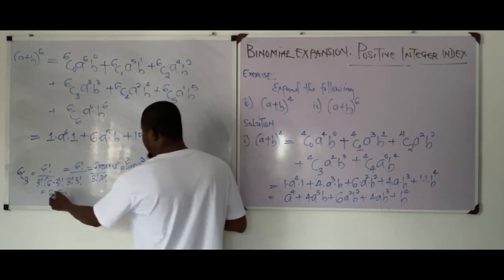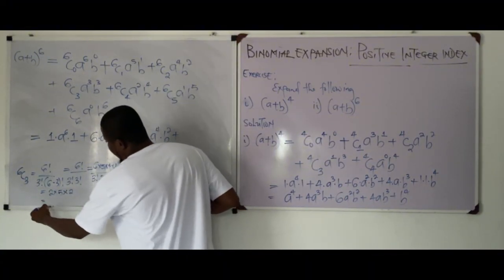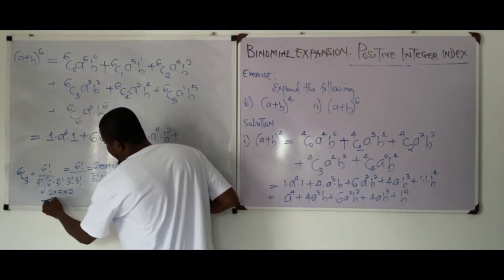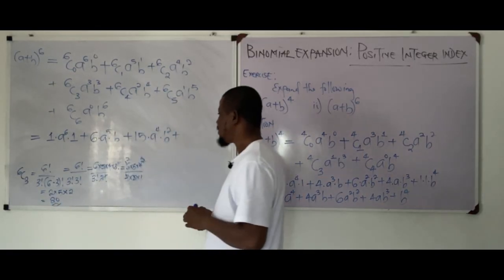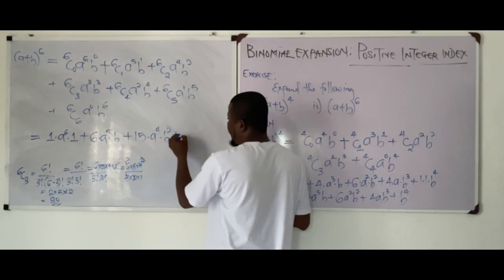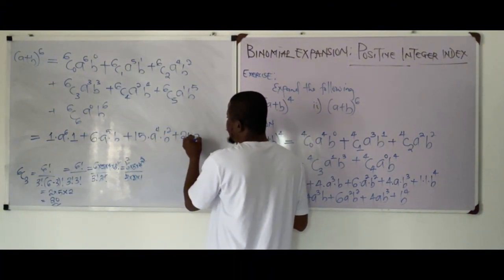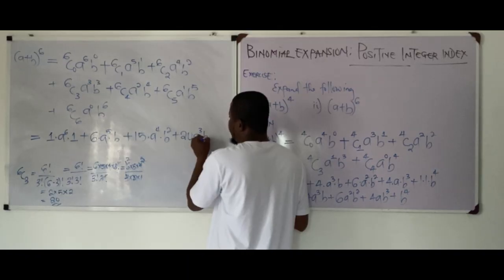All right, so this is 2 times 5 times 2. So I have 10 times 2, I have 20. So 6 combination 3 is 20, right? So I have 20 here for 6 combination 3, then a to power 3, b to power 3.